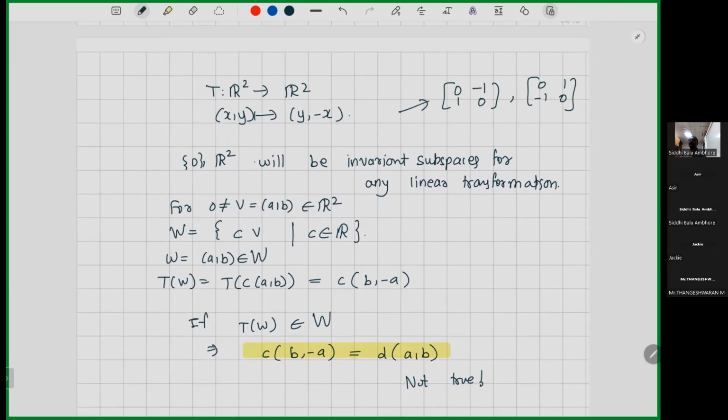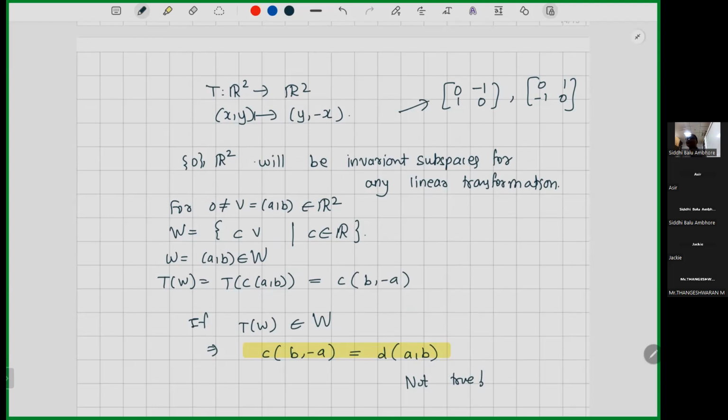But as soon as you go to R3, there will be at least one eigenvalue, and for that eigenvalue we have an eigenspace, and that eigenspace would serve as an invariant subspace.